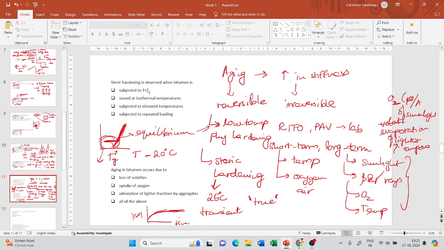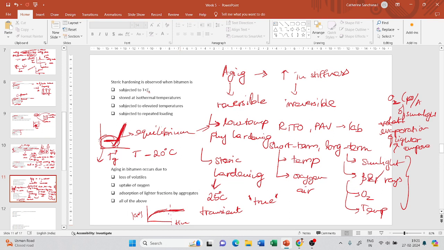Now you may think that you're testing the material at time t1, you're observing one modulus value.